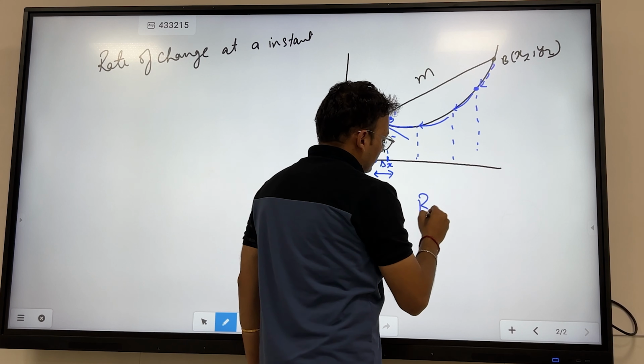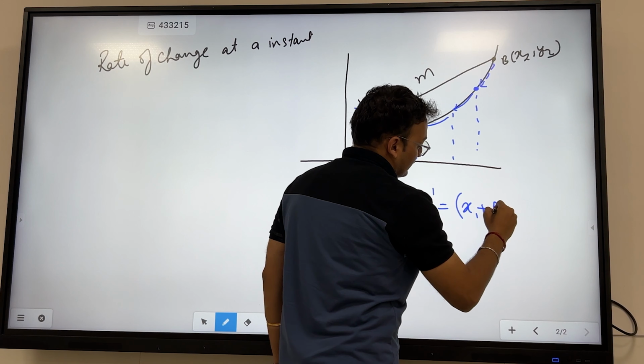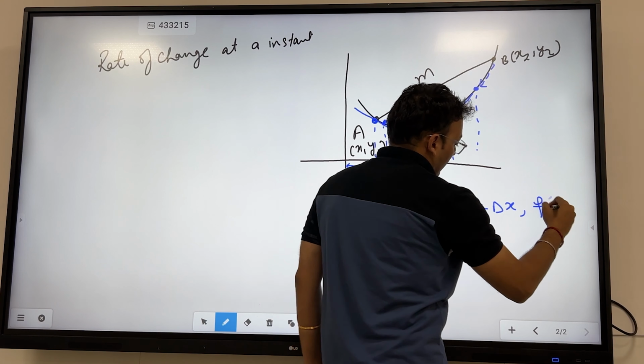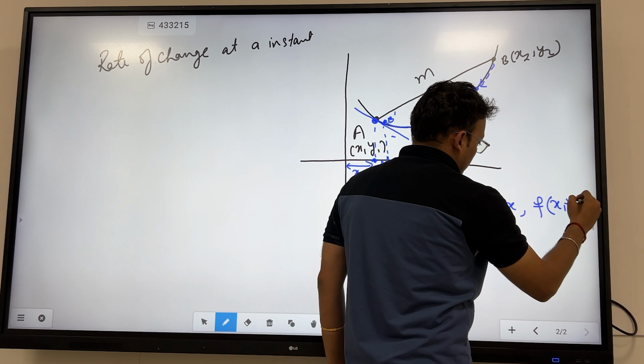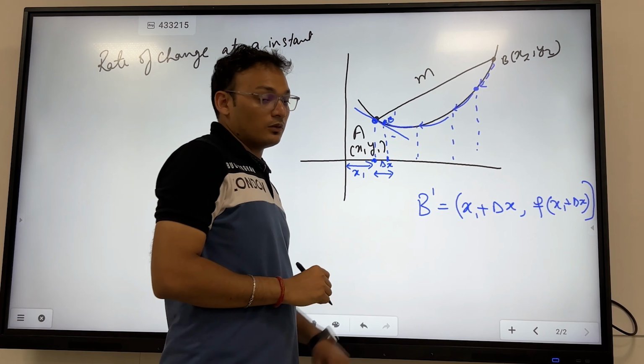So can I say that the B dash point is nothing but x1 plus delta x, comma f of x1 plus delta x? This is our B dash now.